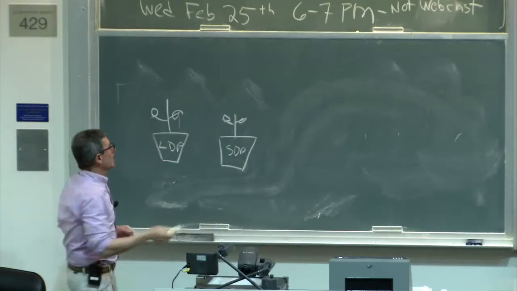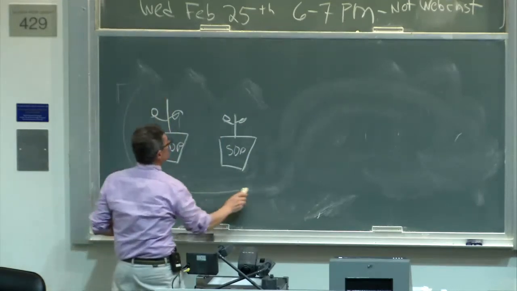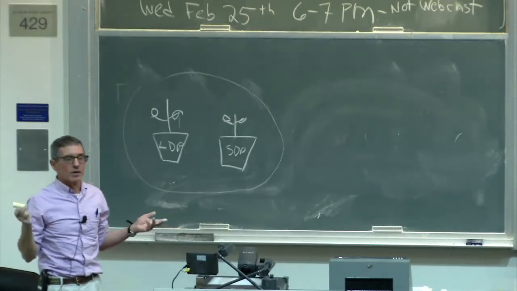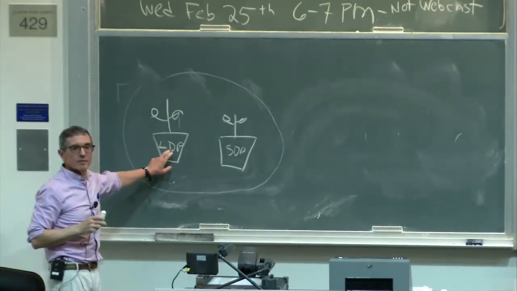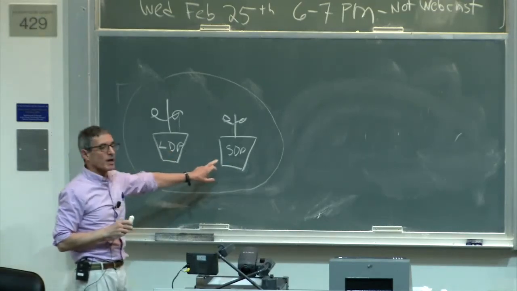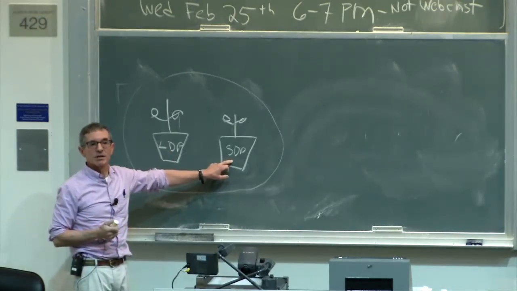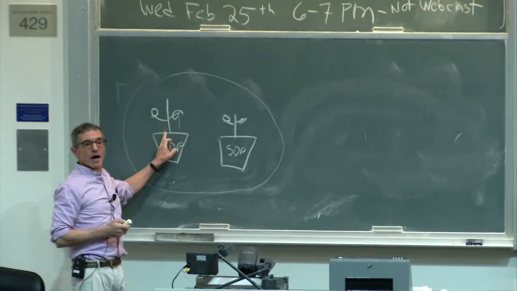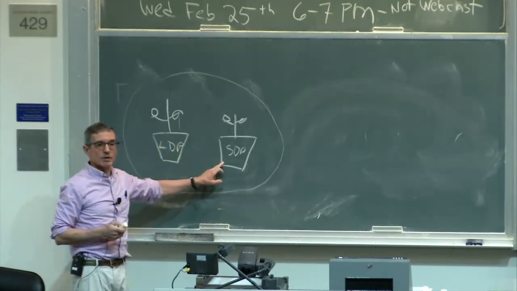Now, if we enclosed both of these plants in the same environment, let's say it's a long day environment, the only plant that's going to flower is the long day plant. Everybody with me on that? If we enclosed it in short days, the only plant that's going to flower is the short day plant. But remember, GA could induce flowering in the long day plant, but not in the short day plant.